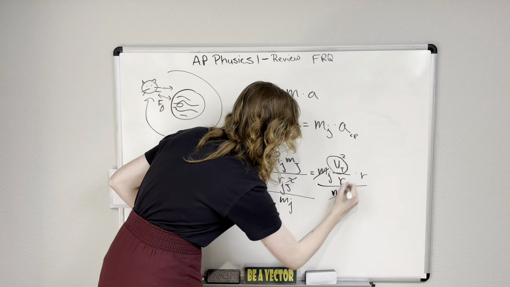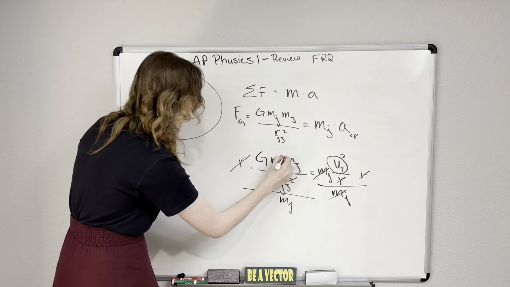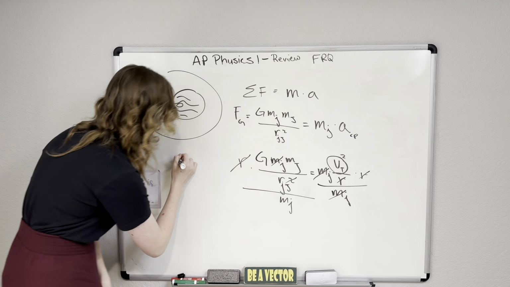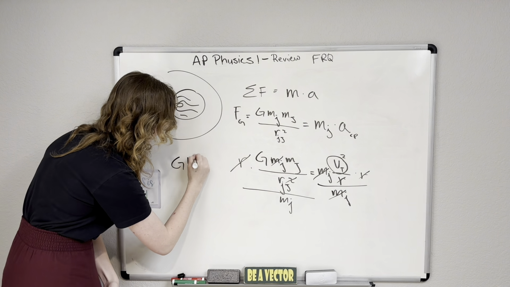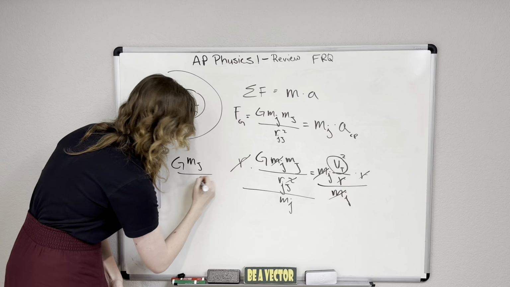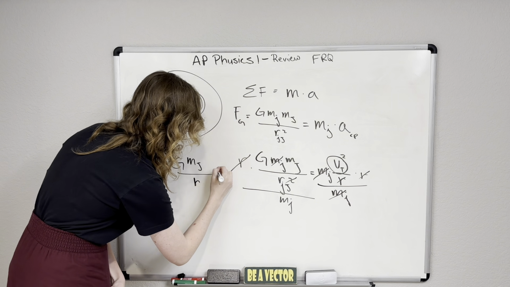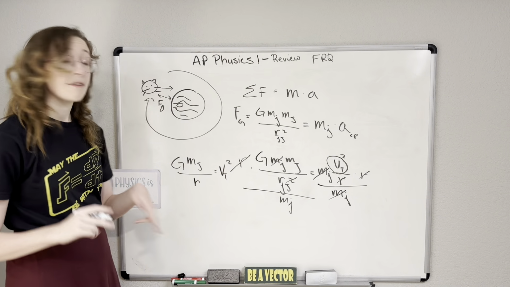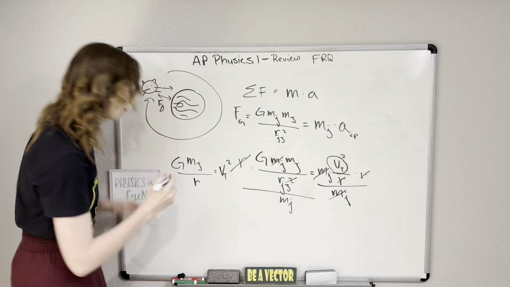That cancels this factor of Juniper's mass in the numerator, which means that I'm now left with the acceleration of gravity times the mass of Jupiter divided by r is equal to v tangential squared. So if I want to solve for v, all I have to do is take the square root of both sides, and then I'm home free.